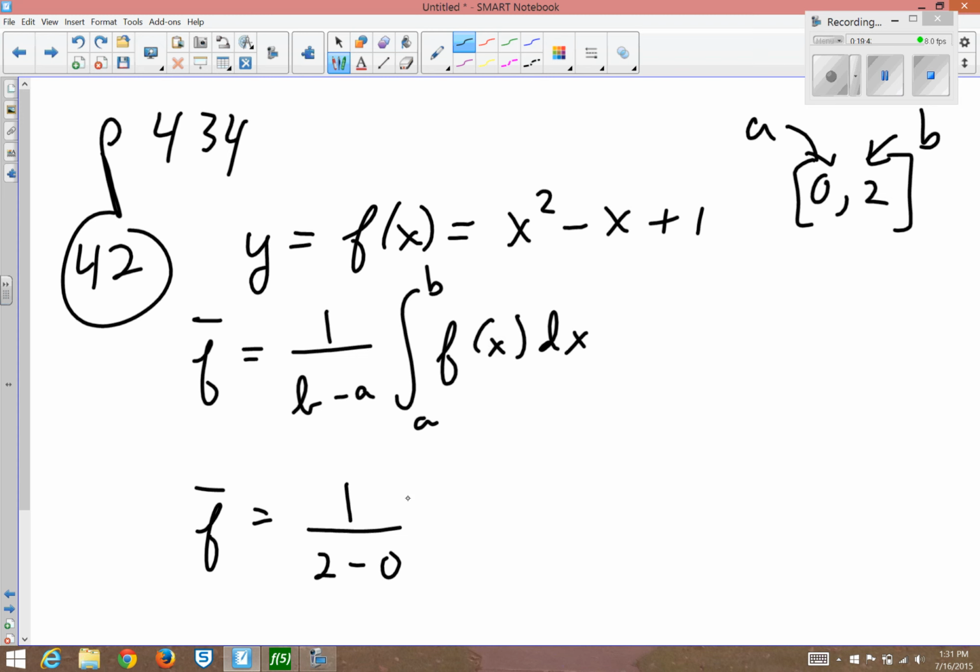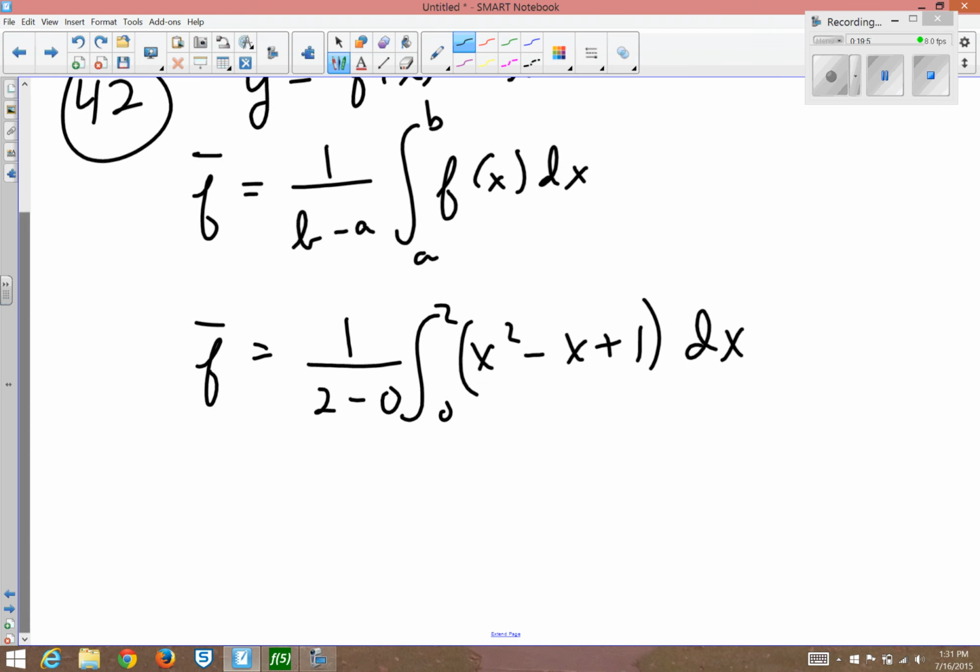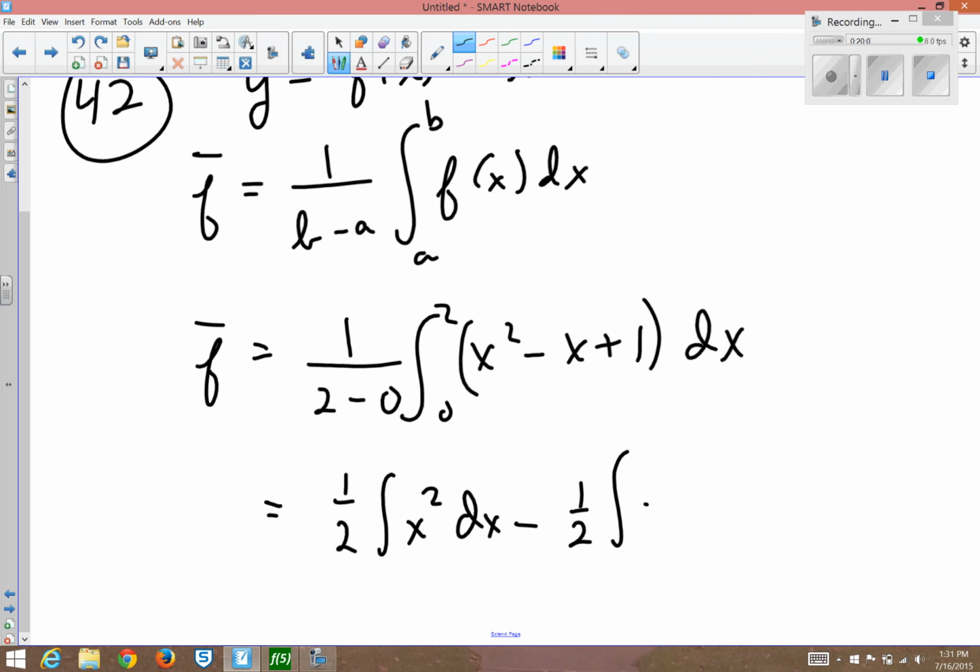Next to that is the integral from 0 to 2, 0 and 2 are a and b, of x squared minus x plus 1 dx. This number out here is a half, so we can write 1/2 the integral of x squared dx minus 1/2 the integral of x dx plus 1/2 the integral of dx.